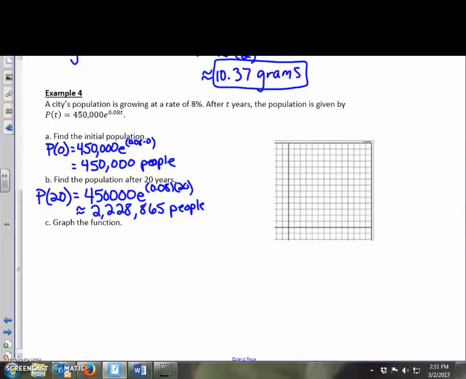But let's remember that this graph is talking about the city population. So we're going to title it with the city population. Our y-axis is going to represent the number of people. And our x-axis is going to represent the number of years.